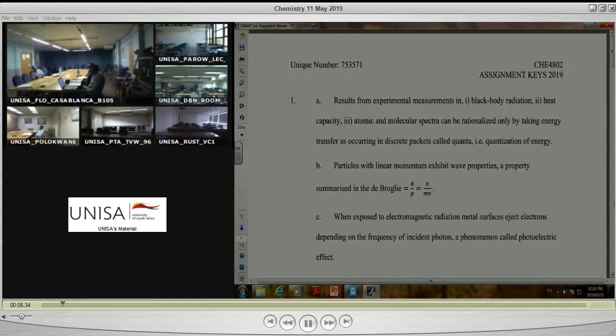Line spectra of what? Please, complete the register. Then give the page. So what line spectra? Continue. The hydrogen in the visible region. In particular, hydrogen atom. Yes.